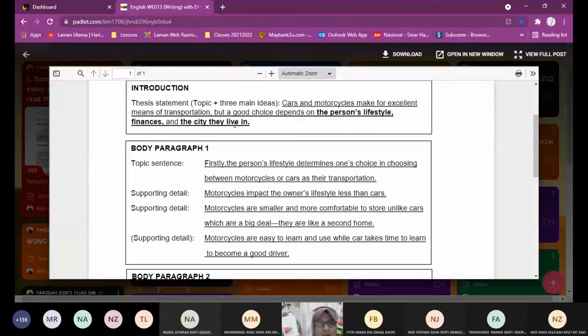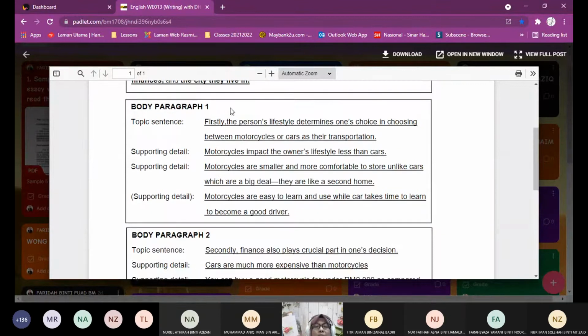So these 3 are the main points. Are you clear about this thesis statement? Yes, clear. Okay, clear. So right now you can tell me you understand and so on. But I will see in terms of writing later on. You have to practice writing the thesis statement, of course.